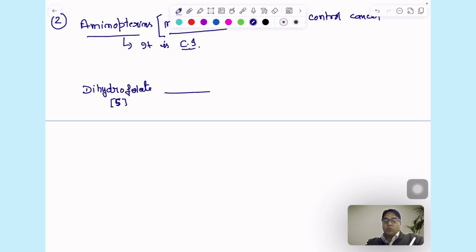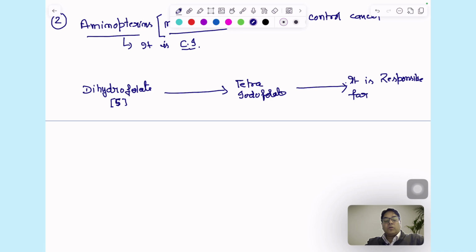It is converted into tetrahydrofolate, and this tetrahydrofolate is required for the formation of nucleic acid, and the nucleic acid causes cancer somehow. It is responsible for nucleic acid formation, that is DNA.